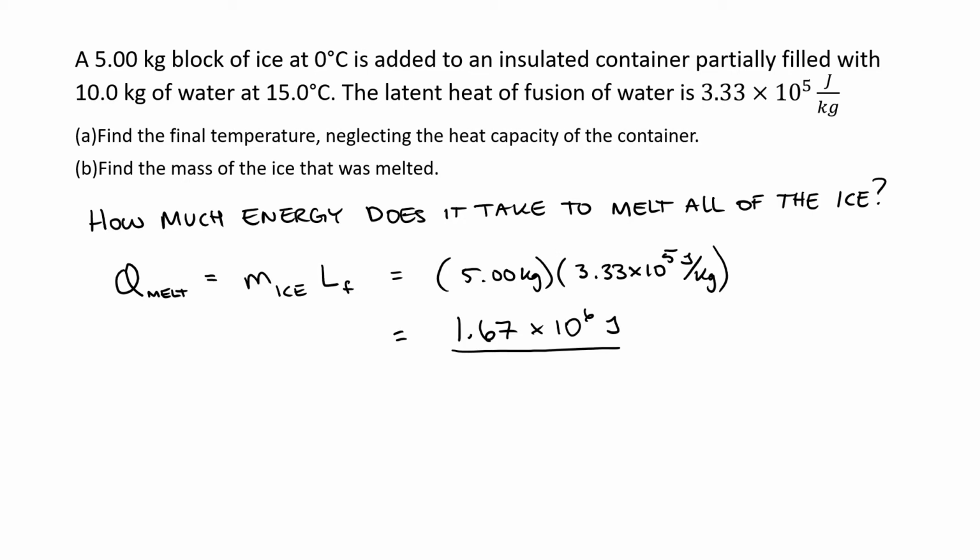Now water will be at 0 degrees Celsius. It depends on what the question is asking, right? Am I adding energy to this thing, or am I taking energy away from this thing? You can kind of think of it like that.